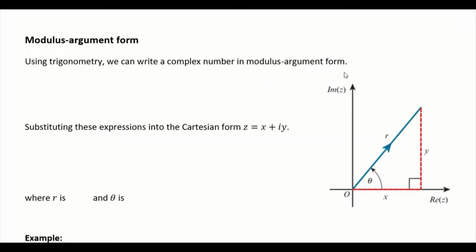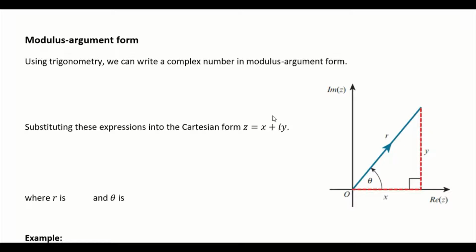Let us try to derive the formula for the modulus argument form together. Based on the explanation just now, for the modulus argument form we are going to use the polar coordinate rather than the Cartesian coordinate. So now we want to change the Cartesian form z equals x plus iy.